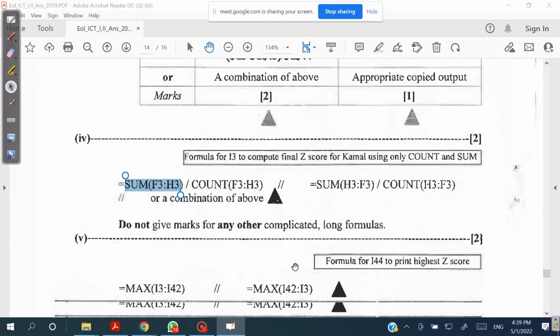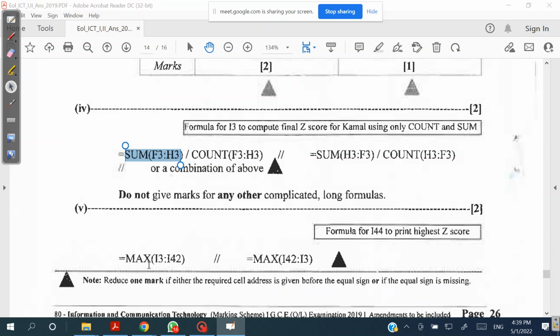So it can be written equals MAX I3 colon I42, which will give you 2 marks again. So that's the end of the 5th question. So see how much you got out of 10. Anyone who got 10 out of 10?